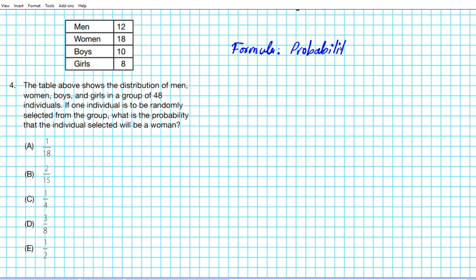Okay? And the formula is as follows. The probability that you get an outcome A is equal to the number of desired outcomes A divided by the sample space, or the number of possible outcomes. Okay? So let's write this down in verbal format.